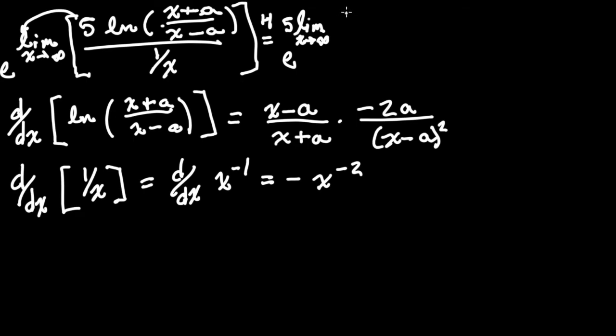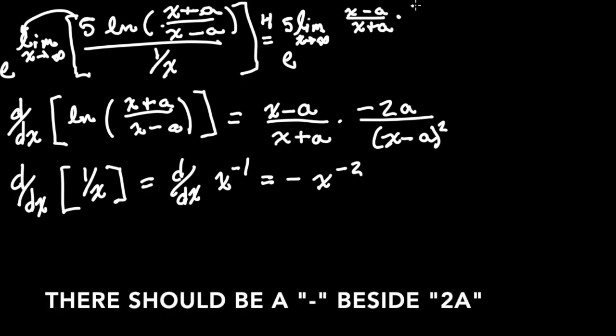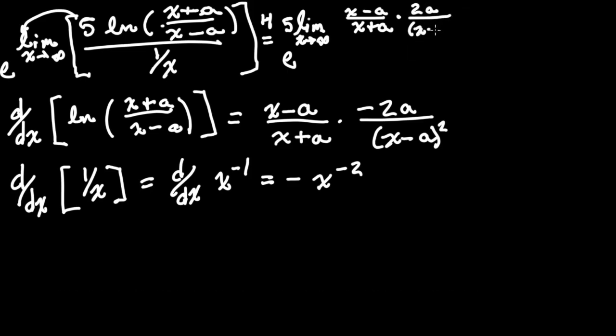So the first one is x minus a over x plus a multiplied by 2a over x minus a squared, that binomial. And then we're going to have that all over negative x to the negative 2.